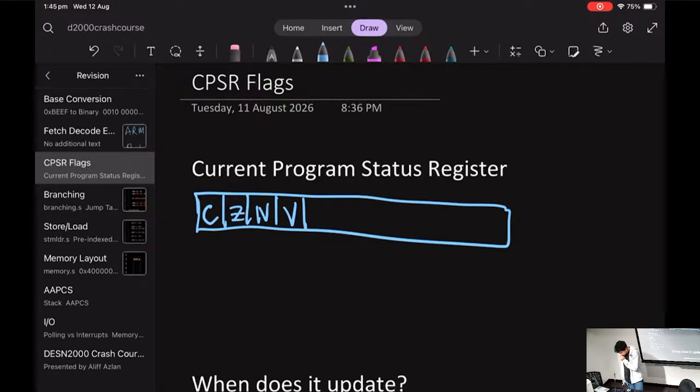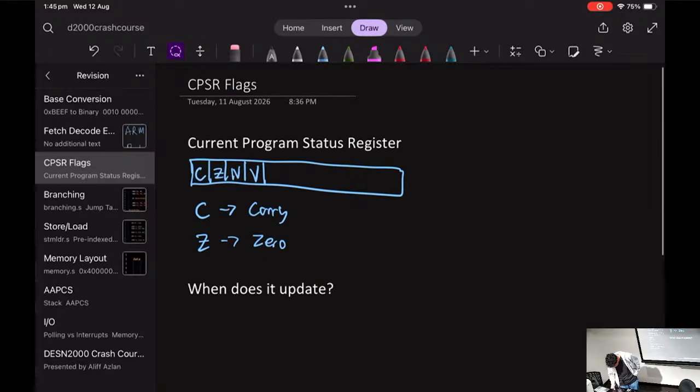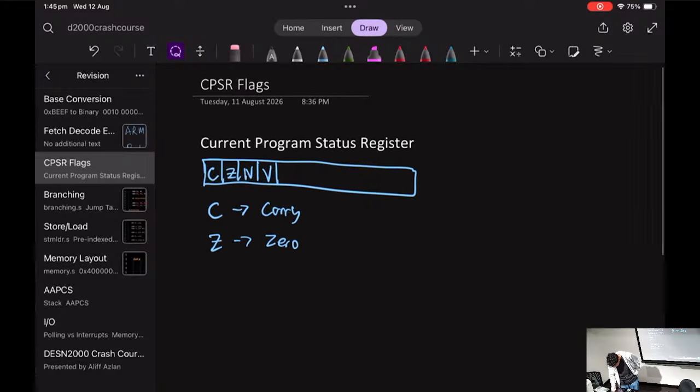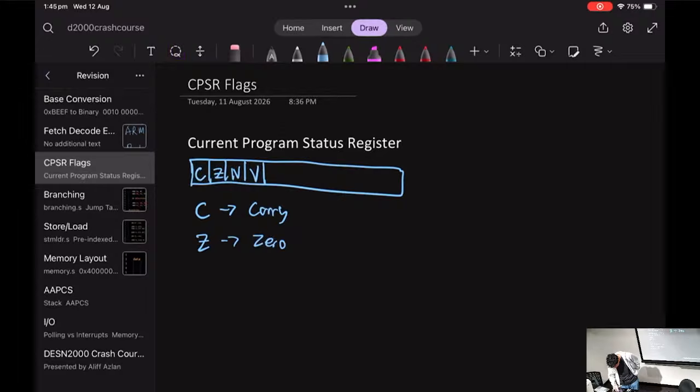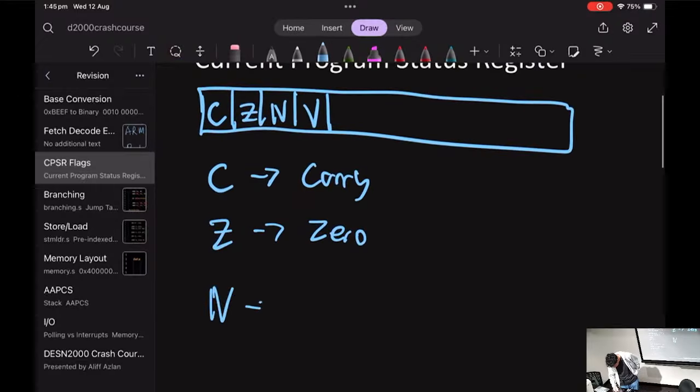All right. Now, what do each of these do? Carry, well, that just represents the carry bit. Z, well, that's the 0 bit. We have N, which is negative, and then we have V, which is overflow.